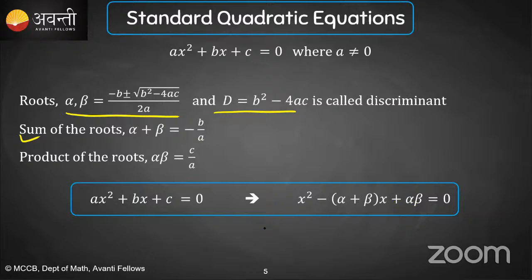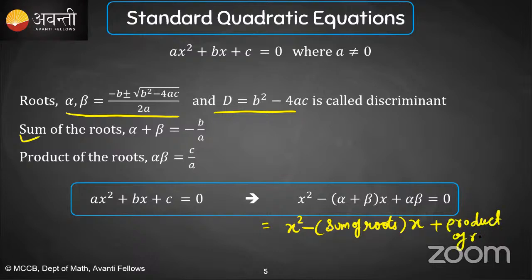So it means any quadratic equation can be written as x square minus sum of roots into x plus product of roots is equal to 0, right?